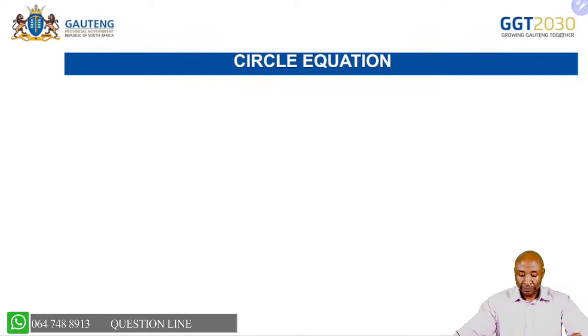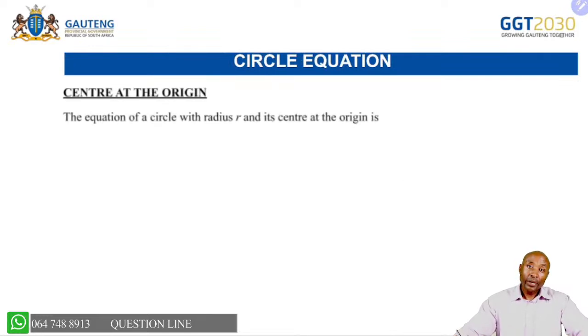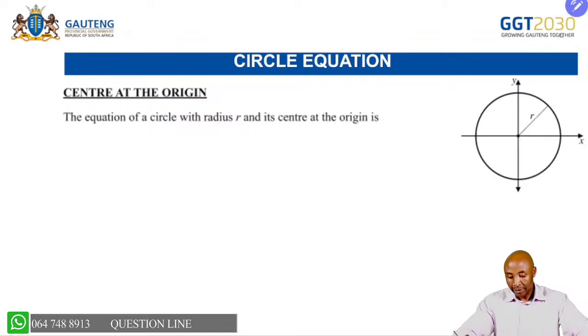Moving along, then we have a circle, the new kid in the block. These other ones, we did them from grade 10 and 11, and the circle came in 2022 as our new part of the curriculum.